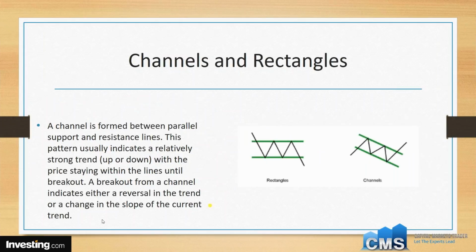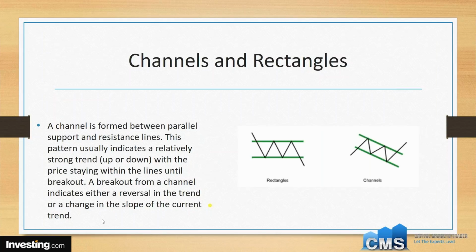Now, we're going to come to all different types of patterns. Channels and rectangles. We're going to look at wedges. And to me, I don't differentiate in what they're called. They're simply support and resistance lines.